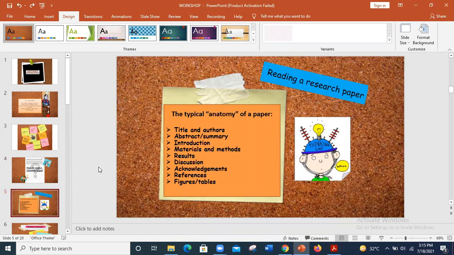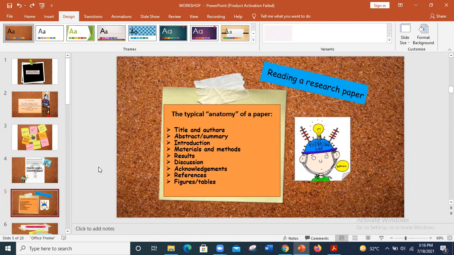If we talk about the structure of a research paper, you can see there are multiple subheadings: title and authors. What is the title and who are the authors of the research paper? Then coming next is the abstract summary. Next is introduction. Introduction is somehow a detailed portion of the research paper.